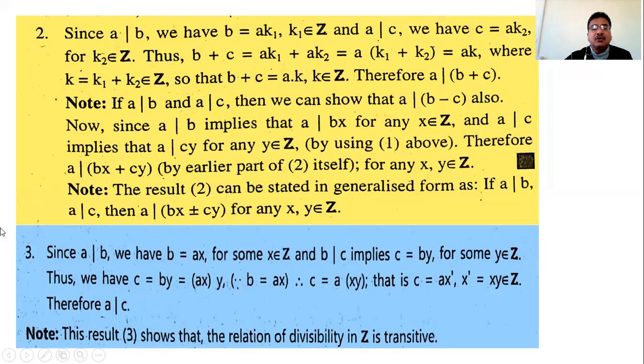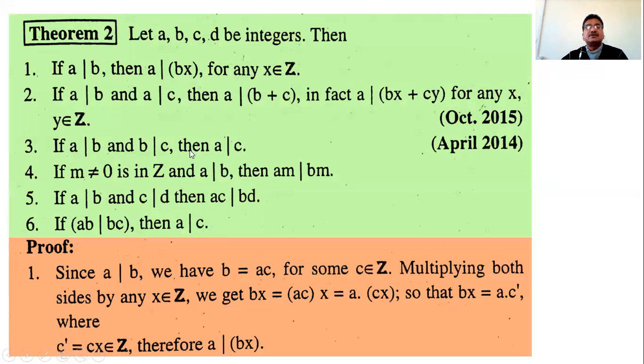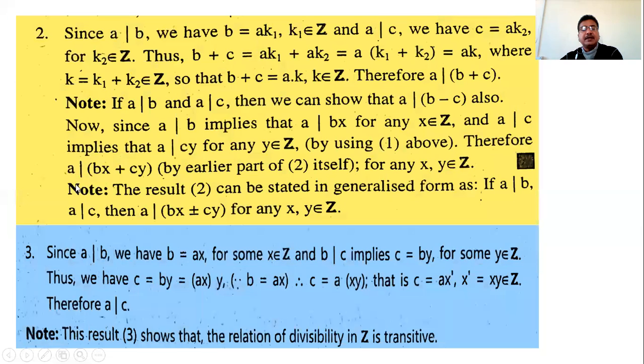So now we have to show: given that A divides B and B divides C, we have to show A divides C. So write the meaning of A divides B: B is expressed in the form A into some integer. Either use x, y here, or, since C is already used, use K1, K2, K3, K. Here the letter is used to indicate some integer x.